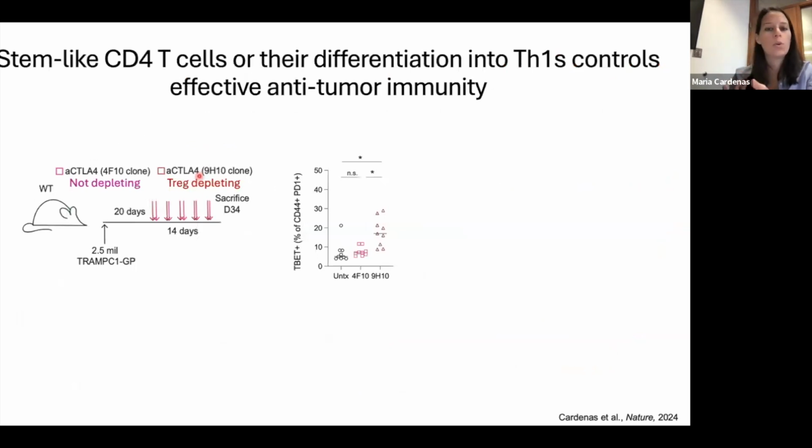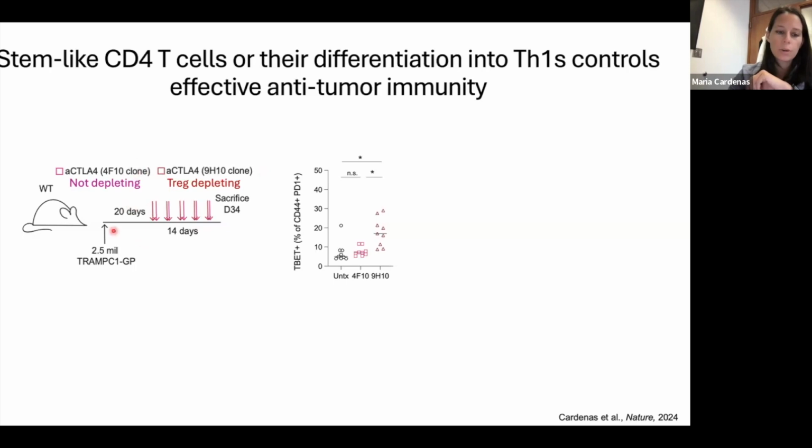So very similar to what we did in our mouse data, patients get CTLA-4 all the time. And what we did here is we got two clones of CTLA-4, one clone that is not Treg depleting, so it's simply blocking CTLA-4, and one that is Treg depleting.